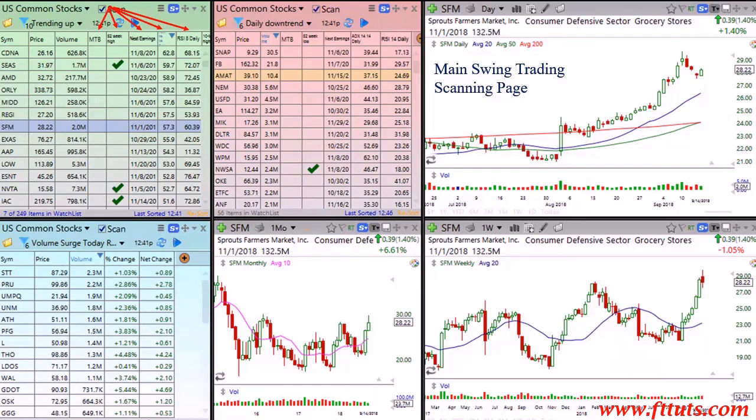All of that. Now, within the minder, this MBT tells me, and there's none of them in here as we can see, if it's basing, which means I'm going to find a base within an uptrend. I'm going to find whether I've got a stock that's near a 52-week high. Is it going to report earnings?